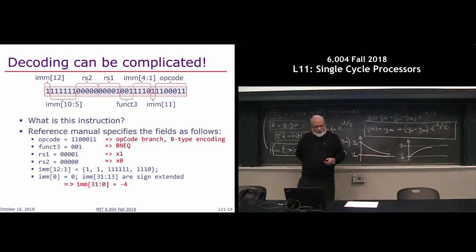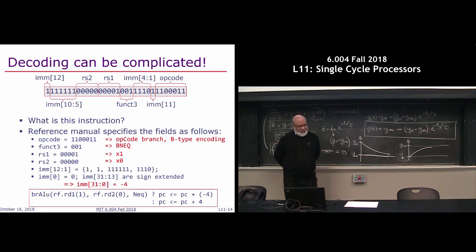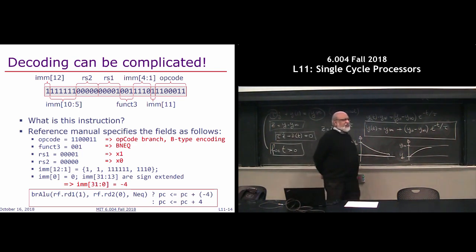Okay. So the meaning of this instruction is it's a branch instruction. First we have to compute something in the ALU, and depending upon what comes out of the ALU, either PC will be PC minus 4, or it will be PC plus 4 in the normal case. Is this clear to everyone?